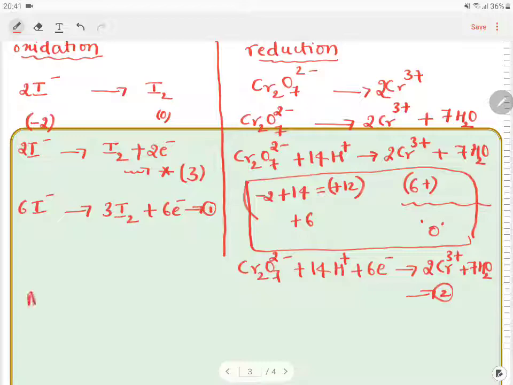So what's the last step? Add equations 1 and 2. The 6 electrons on the reactant side and product side will get cancelled.